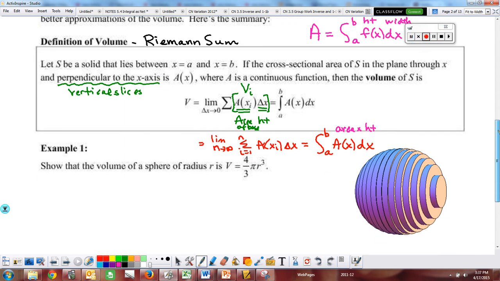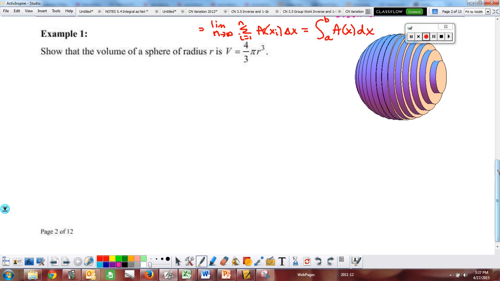Now let's show you an example by looking at finding the volume of a sphere. The way this usually works is what we call a solid of revolution. The idea is that we're going to first think about this in 2 dimensions.